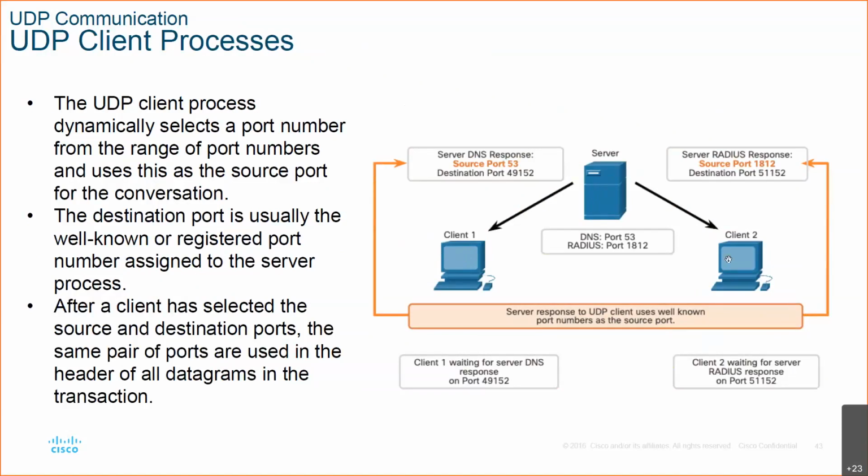The same server is also generating a request for RADIUS on port, let's say, 1812 and so on. Just like your TCP, your UDP also works on different ports, and based on those ports, it can generate the requests from the client.